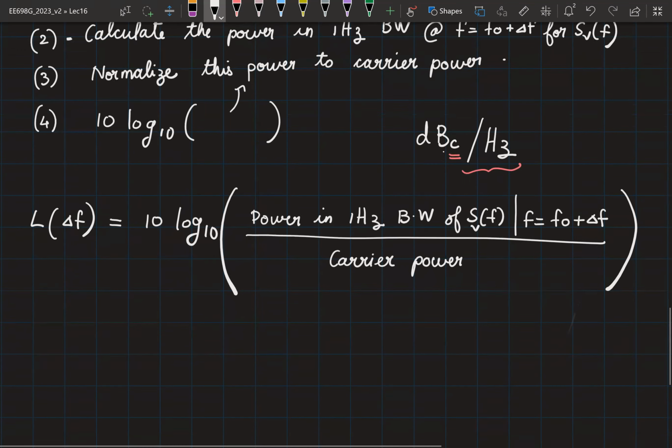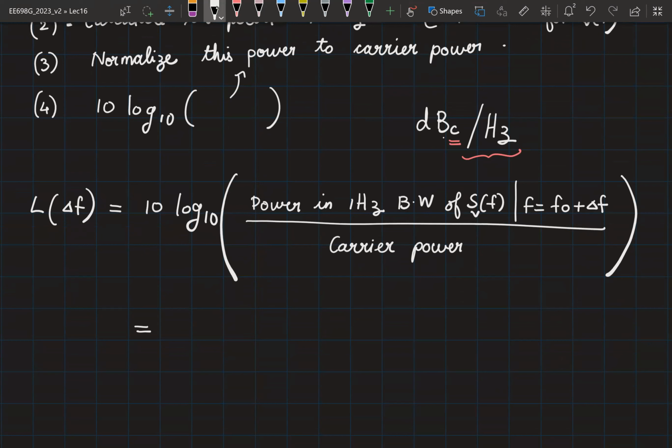Okay. This is also the same as 10 log 10 of S phi of f, where this S phi of f is now the two-sided PSD.